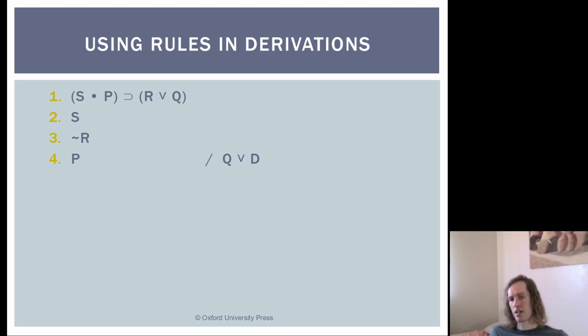Now, in a situation like this, it might not be super obvious how to get the conclusion, or it might be because this one's pretty simple, but sometimes you'll run into arguments where it's not super obvious how to get the conclusion from the given premises. Whereas before we looked for the conclusion in the premises, and we were able to work backwards and come up with an idea of how to arrive at the conclusion.